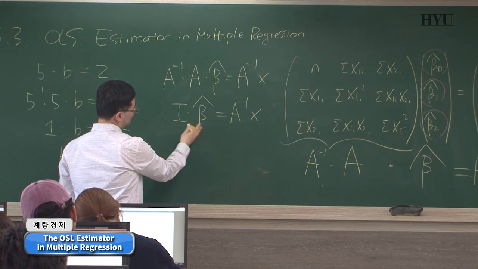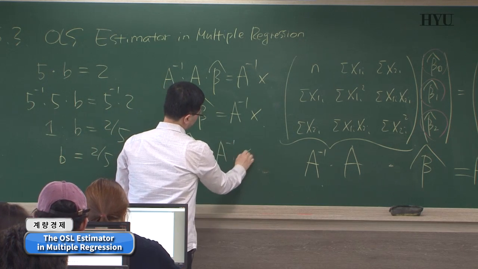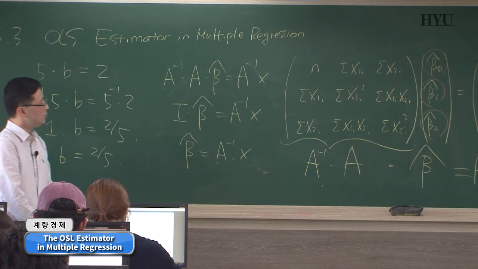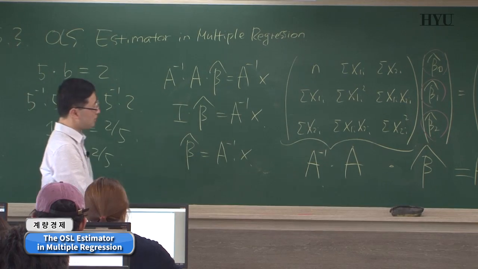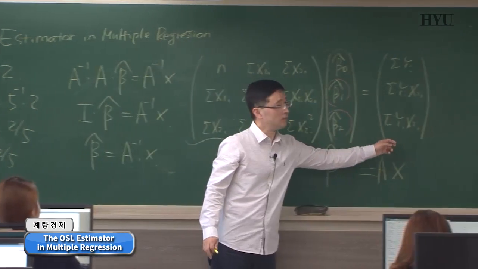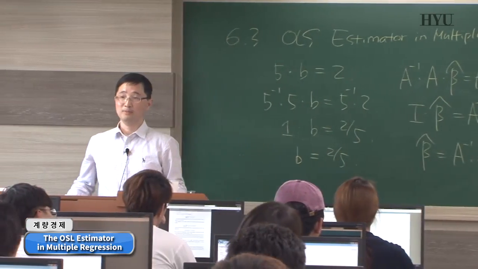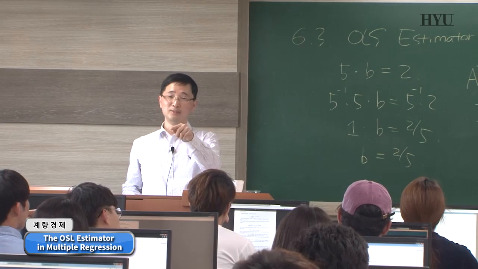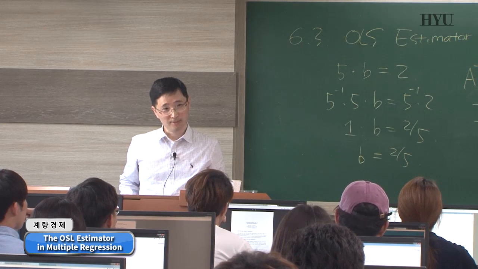An identity times something is just that thing. So the solution we are looking for is a product of A inverse and X, which is this vector. So the job really reduces to a simple thing: find an inverse of a matrix.